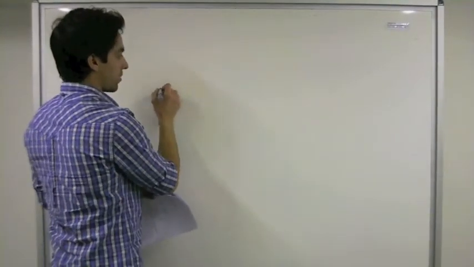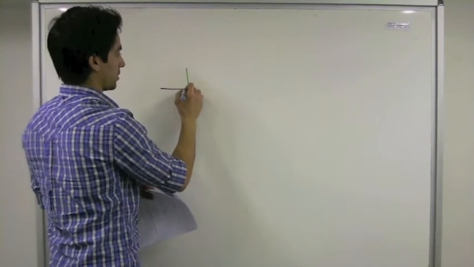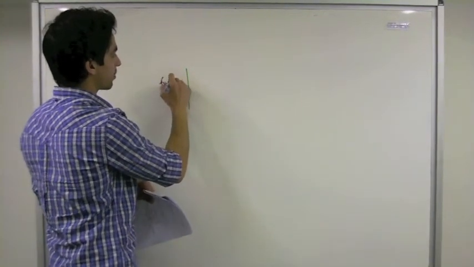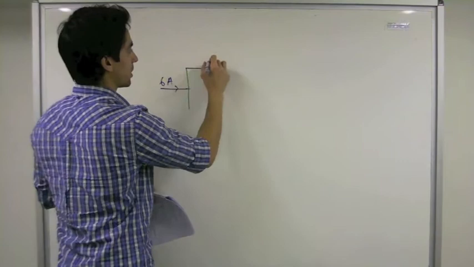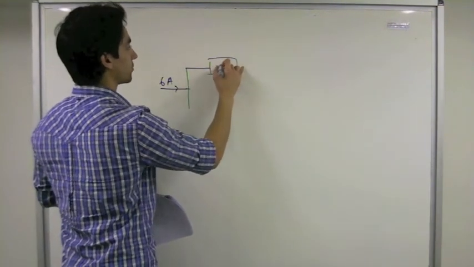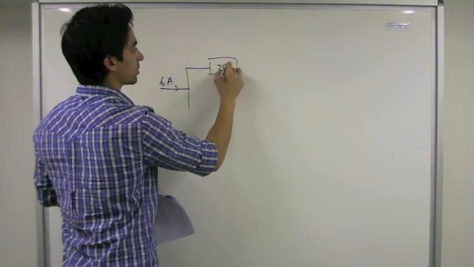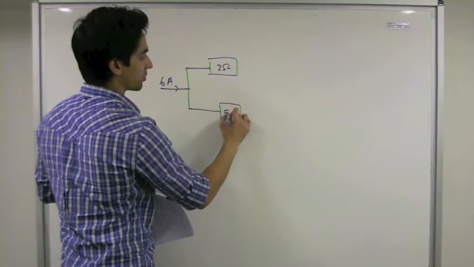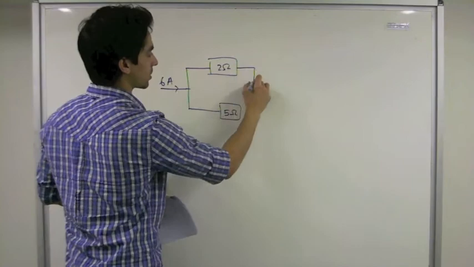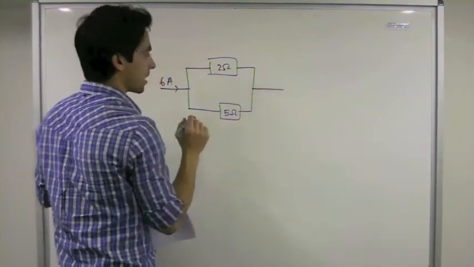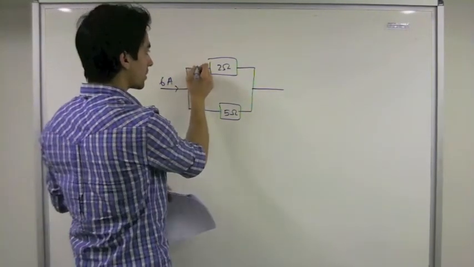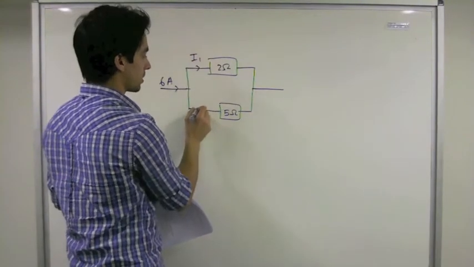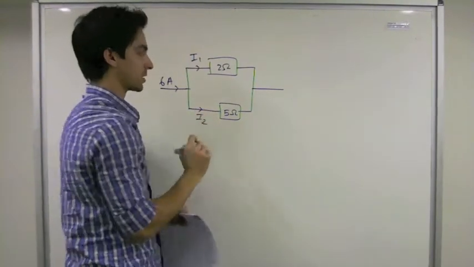Now, if I have a current of 6 amperes flowing here, and I have a resistance of 2 ohms here, and a resistance of 5 ohms here, right? Now, I want to know how much current will pass here and how much current will pass here. Okay?